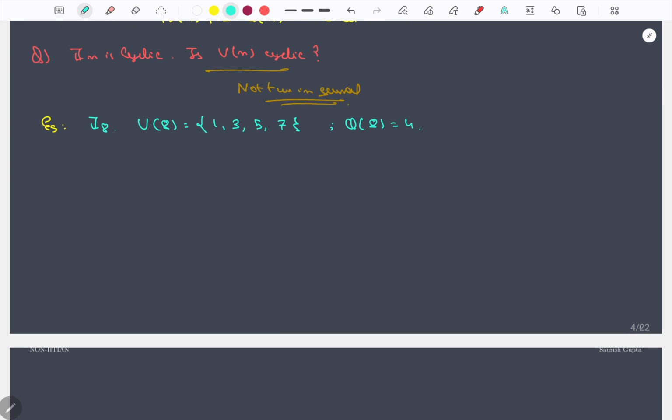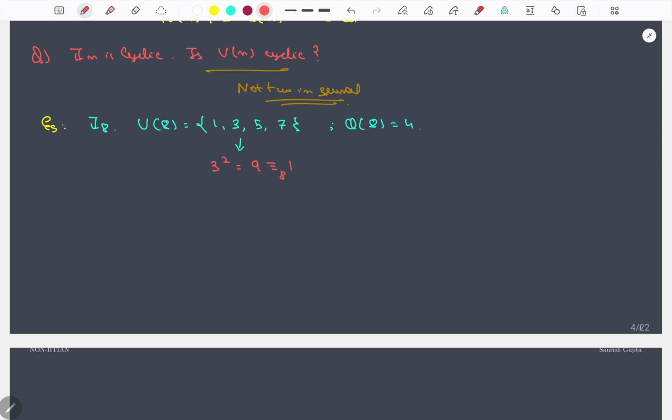Now is it cyclic? What is the necessary condition for it to be cyclic? For it to be cyclic, I must have an element whose order is exactly equal to the order of the group. But as we see, 3 squared is 9, which is congruent to 1 modulo 8.